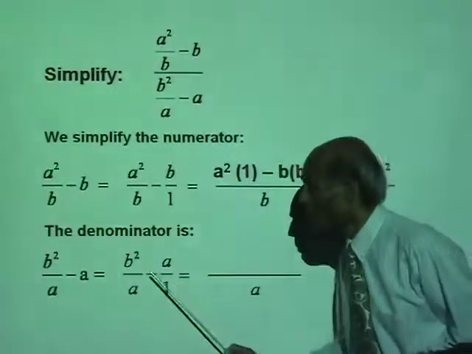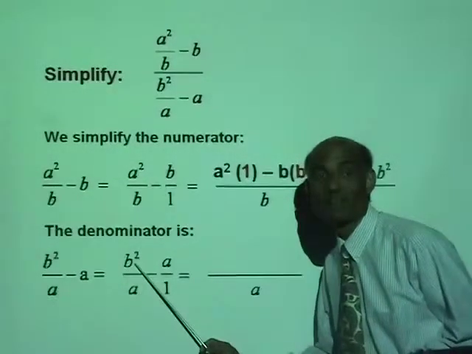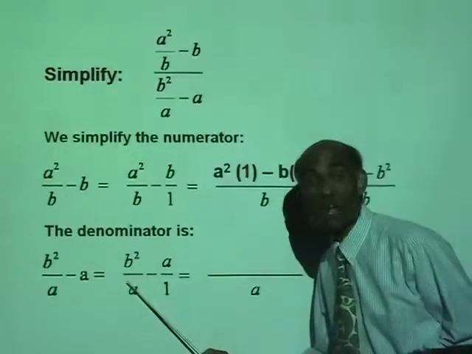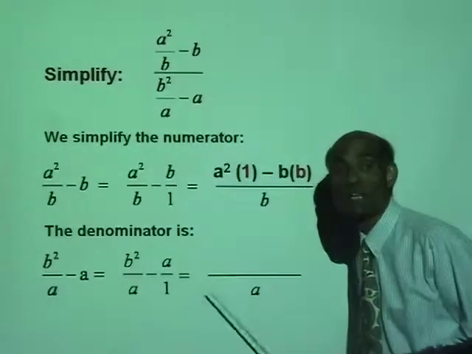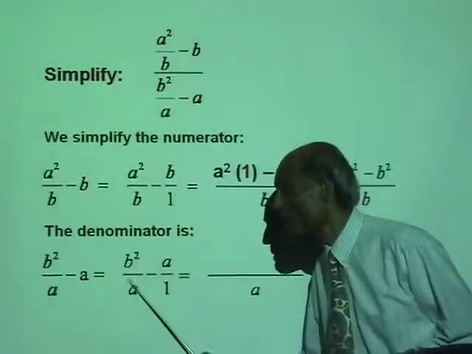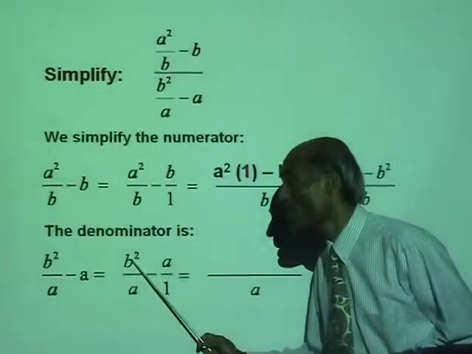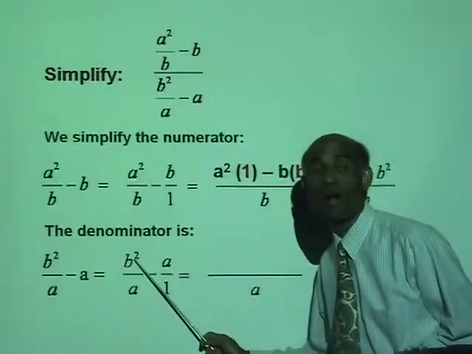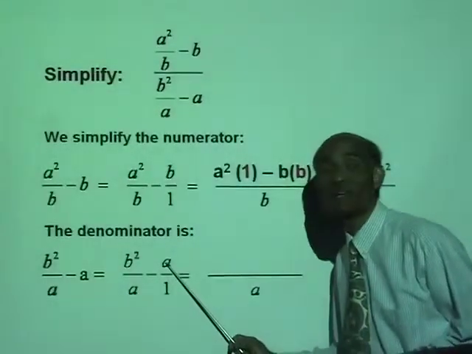Okay? Now, what does b² get multiplied by? Its denominator is not missing any factor from the LCD. So the LCD is this denominator, no factor missing. That means b² will be multiplied by 1. Alright, what is this −a getting multiplied by?